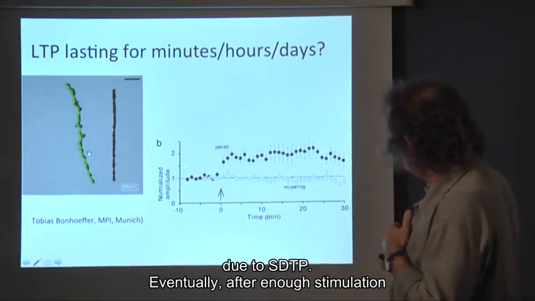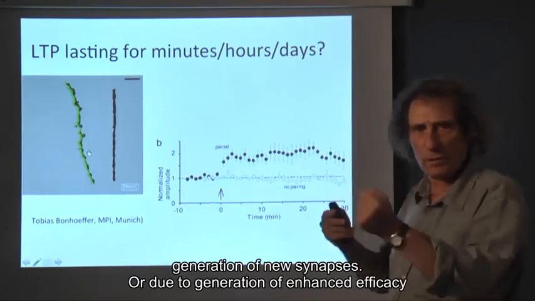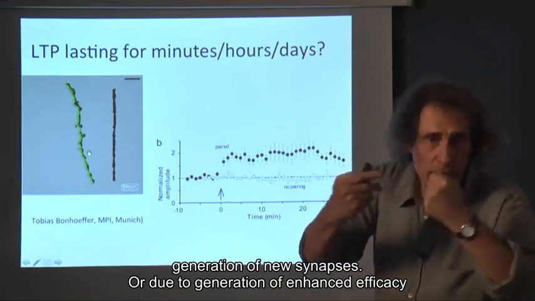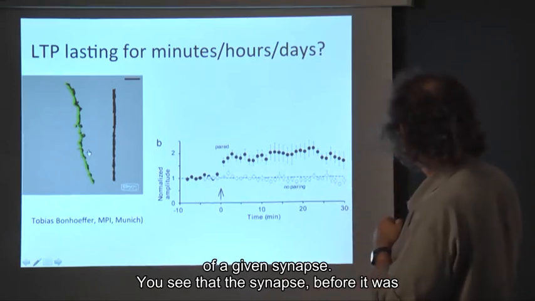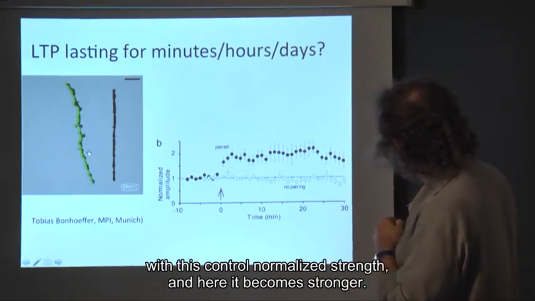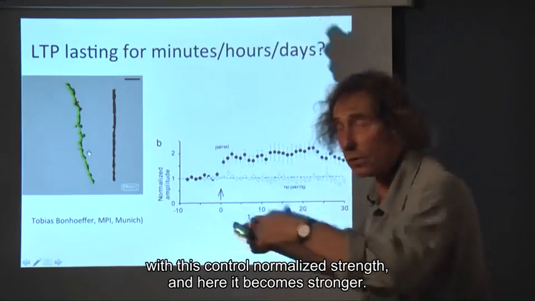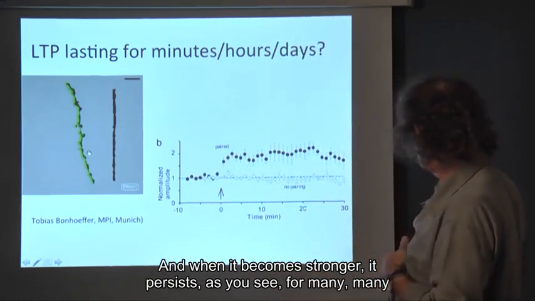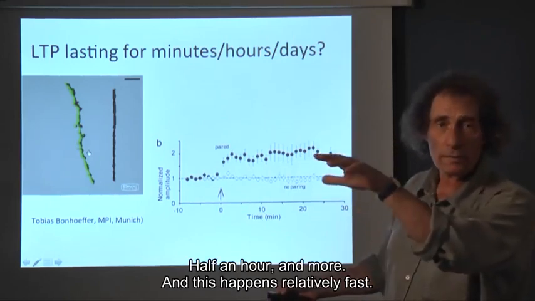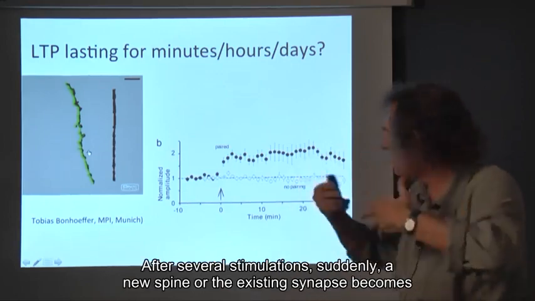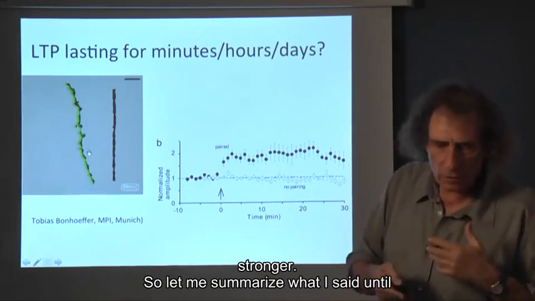Eventually, after enough stimulation, after enough pairing, pre and post, either due to generation of new synapses or due to enhanced efficacy of a given synapse, you see that the synapse, which before was at this control normalized strength, here becomes stronger, and when it becomes stronger, it persists, as you see, for many, many minutes, half an hour and more. And this happens relatively fast. After several stimulations, suddenly a new spine or the existing synapse becomes stronger.